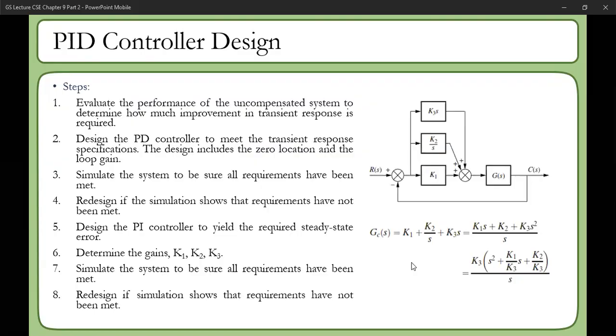So how to implement the PID controller? I'm not sure whether you have noticed or not: in case of improvement in the transient behavior, your root locus is shifting. We are changing the root locus entirely, going to a different position. But in case of improving the steady state error, we are trying to keep a similar root locus position.